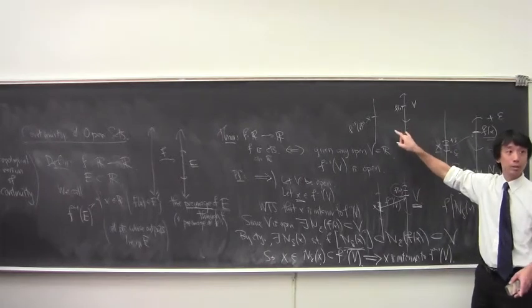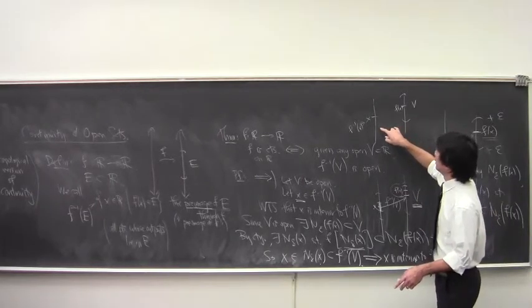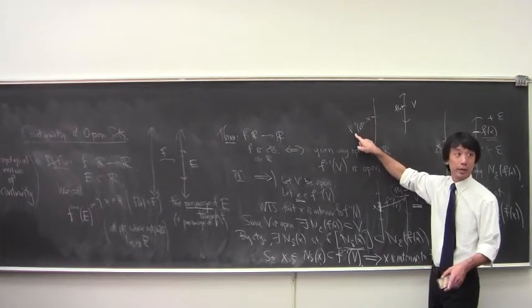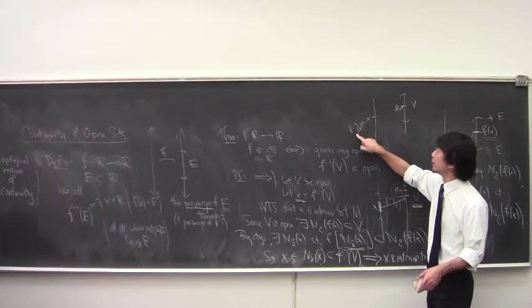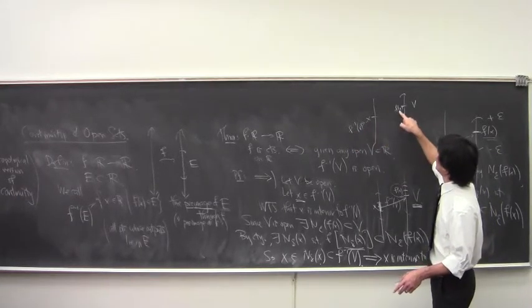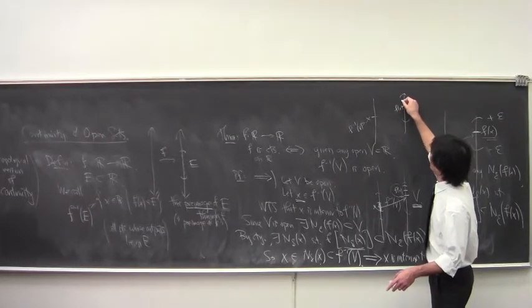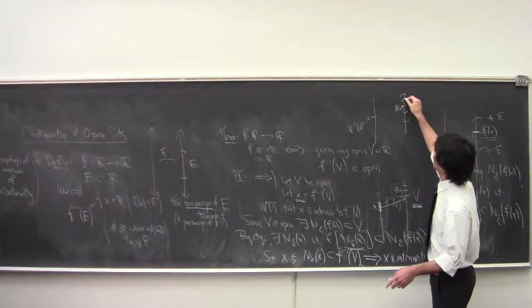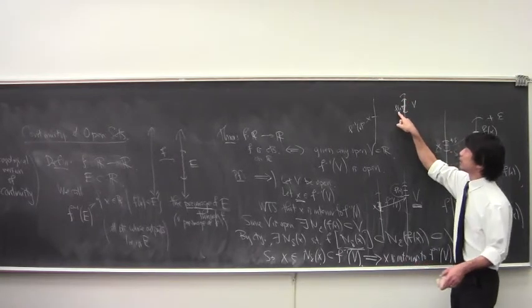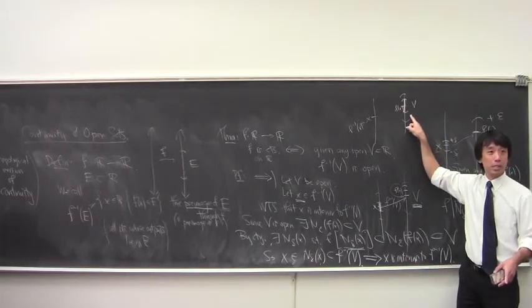So we're trying to show that this guy is interior. Well, we know that this lies in the open set, and so there's an interval around it. This guy lies in this open set, so it's interior.